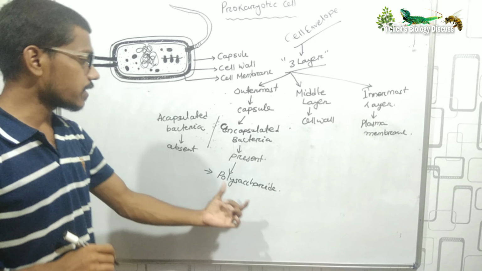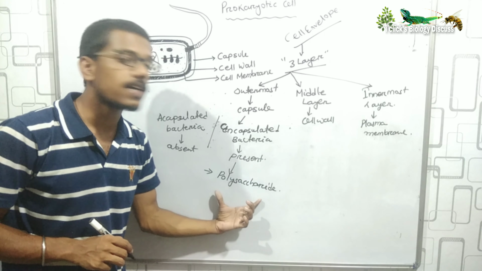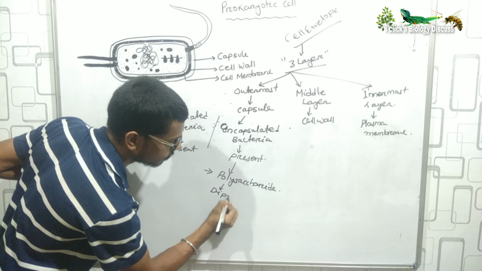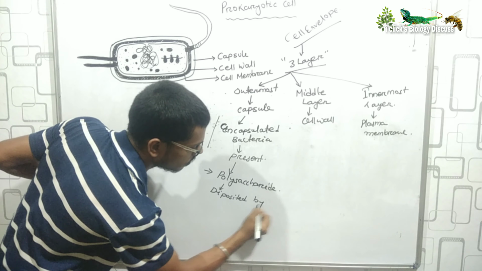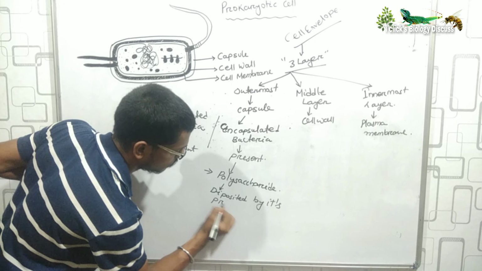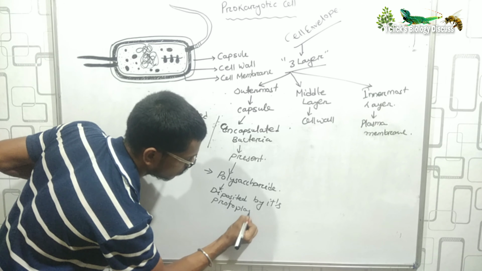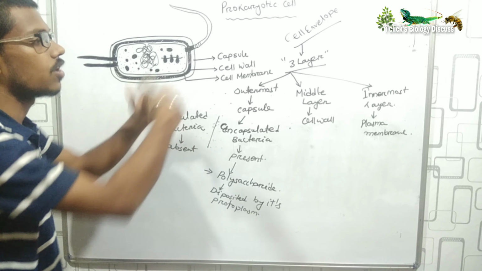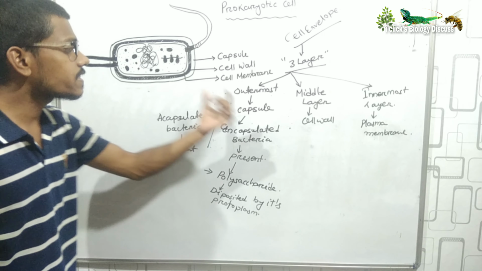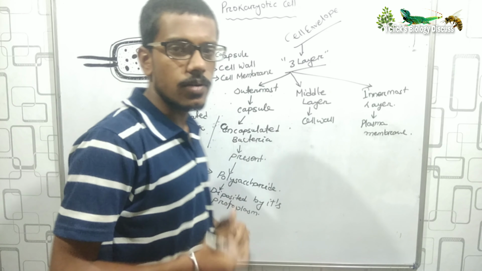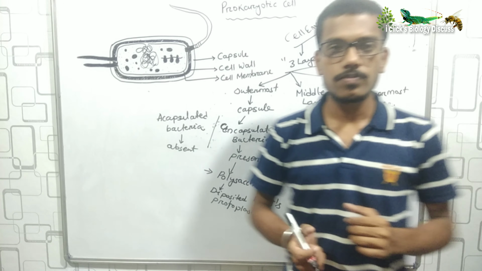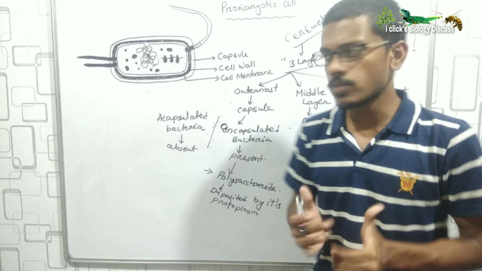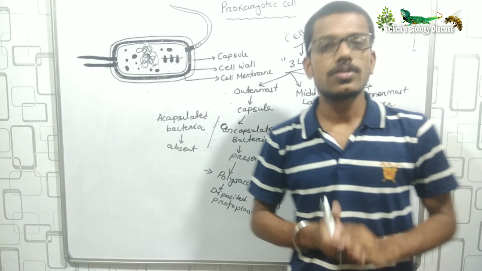The protoplasm deposits this polysaccharide outside the cell wall, and this capsule makes another covering that gives more protection. If a bacterium has a capsule, it gives more protection as compared to a bacterium without a capsule.